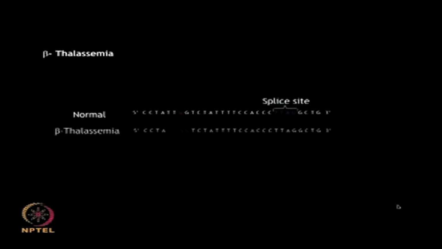Thalassemia is the result of abnormalities in hemoglobin synthesis. Deficiency in beta globin synthesis results in beta thalassemia. Mutation of a single base from G to A in an intron of the beta globin gene generates a new splice site.